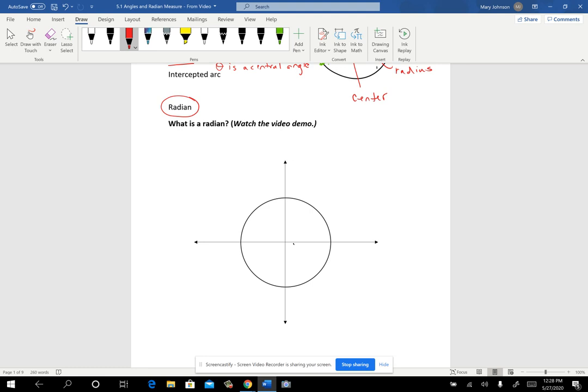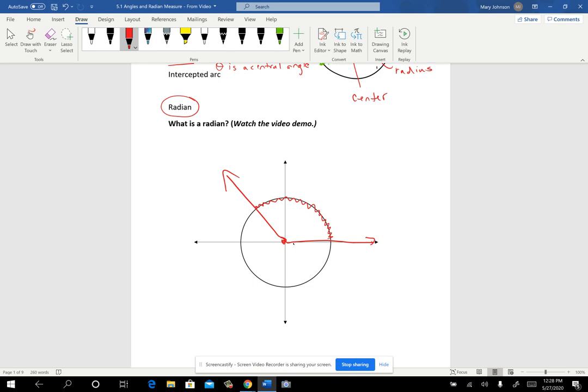Okay, and so let me draw an angle again. So let's say we have one in standard position that looks like this. When you're looking at that, we see that that angle has cut off that amount of an arc, okay? So like before, that one has cut off that amount of an arc.